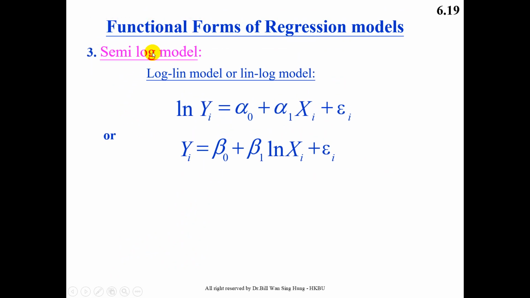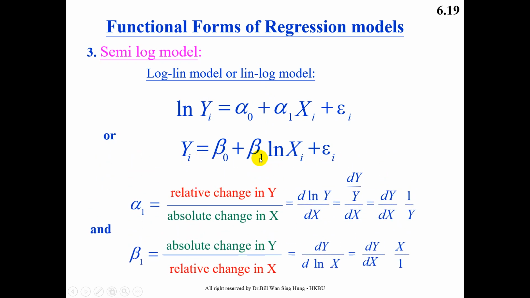A semi-log model could be a log-linear model or a linear-log model. This is log-linear. Here is log and here is linear, so log-lin. But in this case, here is linear and here is log, so lin-log. And both of them are called semi-log.